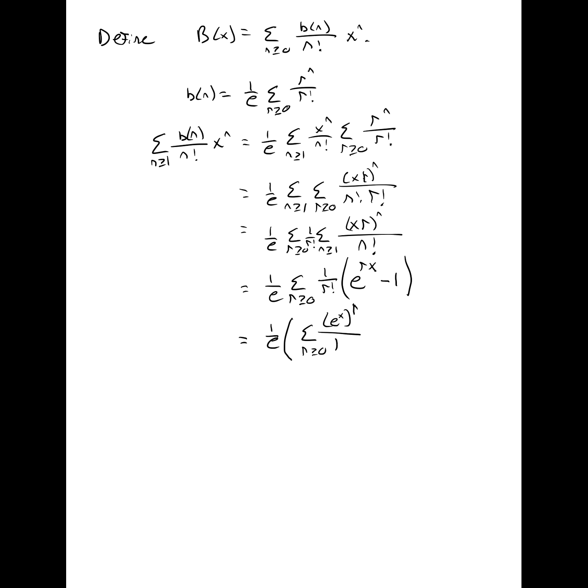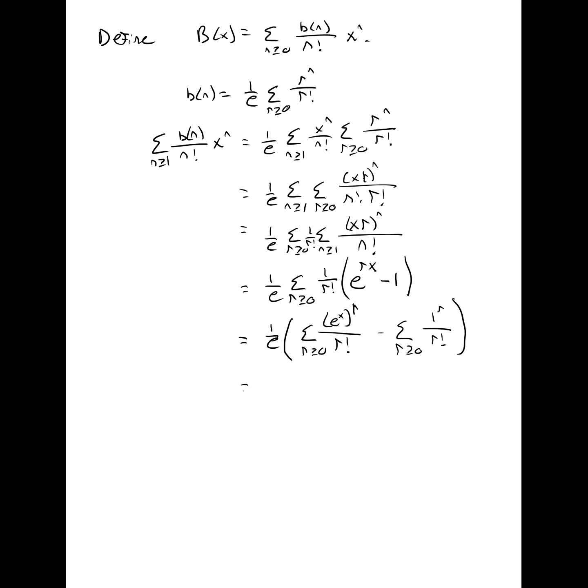Nothing drastic. As e to the x to the r, instead of just e to the rx, all over r factorial. This is just a sum, so let's go ahead and distribute. We have a 1 over r factorial. And you can think of this as 1 to the r. I mean, that doesn't harm anything.